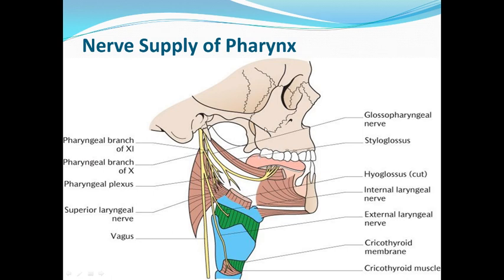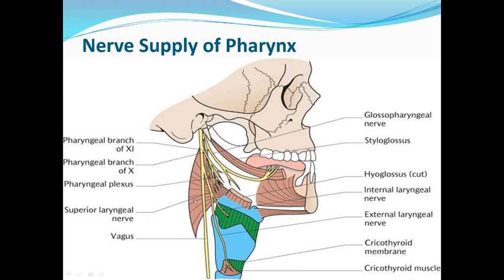For motor, the most important plexus which supplies the muscles of the pharynx is the pharyngeal plexus. The pharyngeal plexus of nerves is derived from three different nerves.